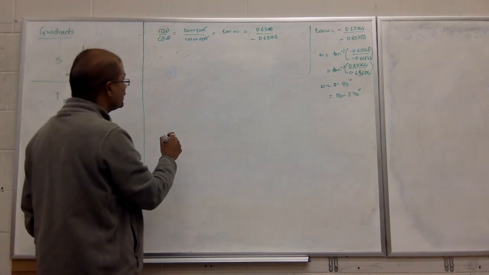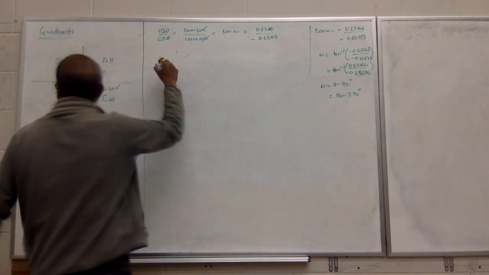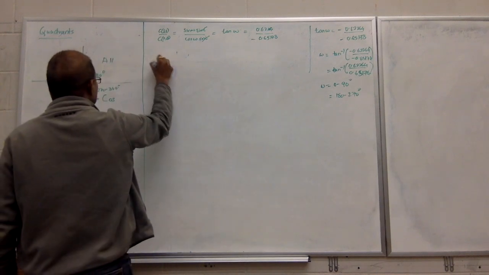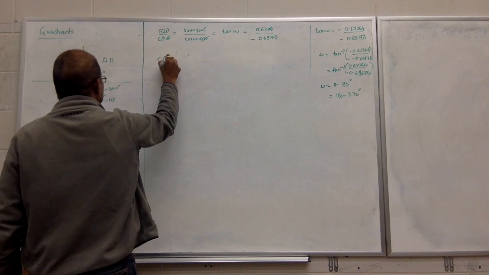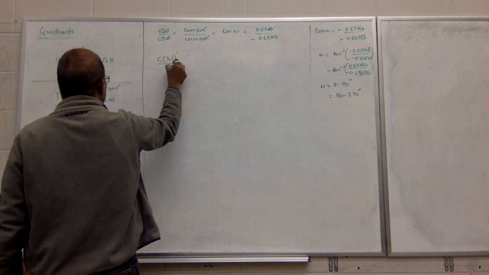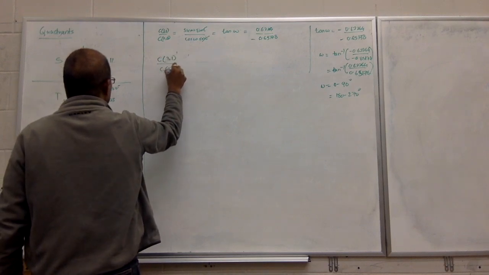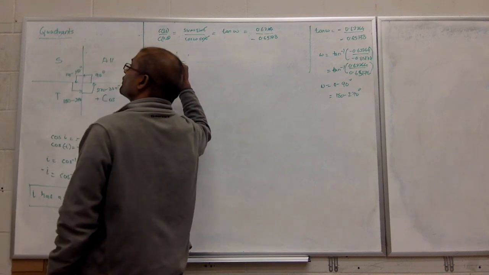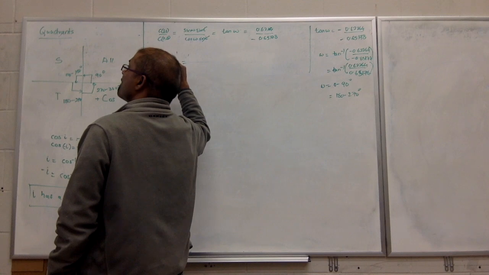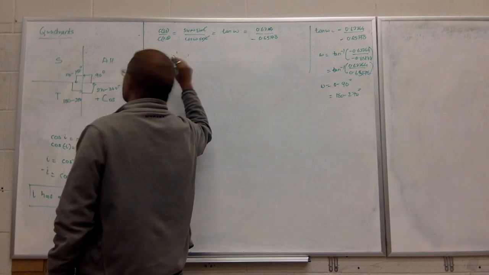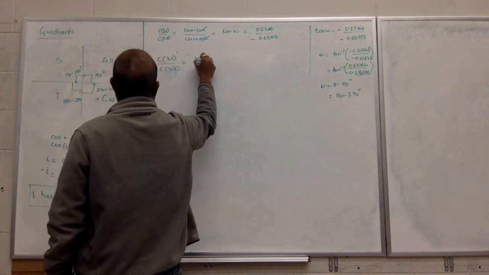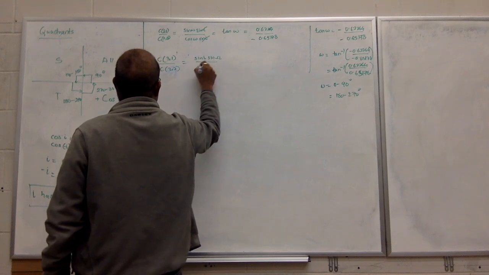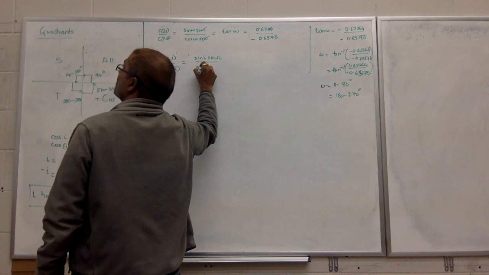Now the final angle is: you do cell 3 1 divided by cell 3 2. What is this? Sine omega divided by negative sine I cosine omega.